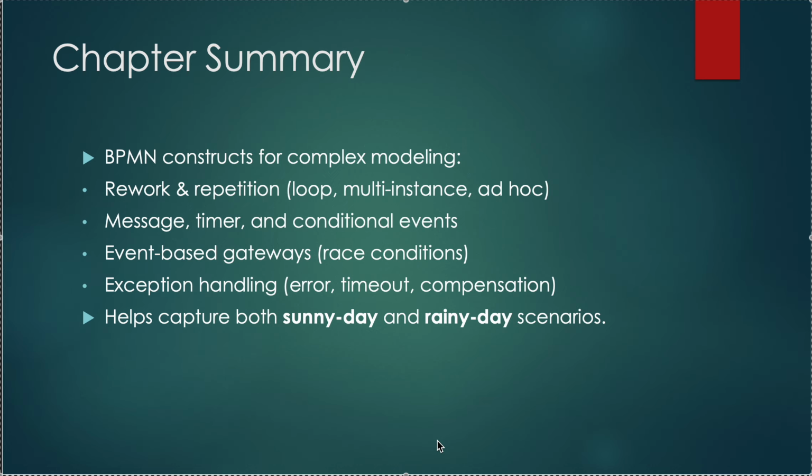We learned loop and multi instance activities for rework and parallelism, ad hoc subprocesses for flexible task ordering, various event types, message, timer, and conditional, event based gateways for race conditions, exception handling through errors, boundary events, and compensation. These make BPMN expressive enough for both technical and business audiences.